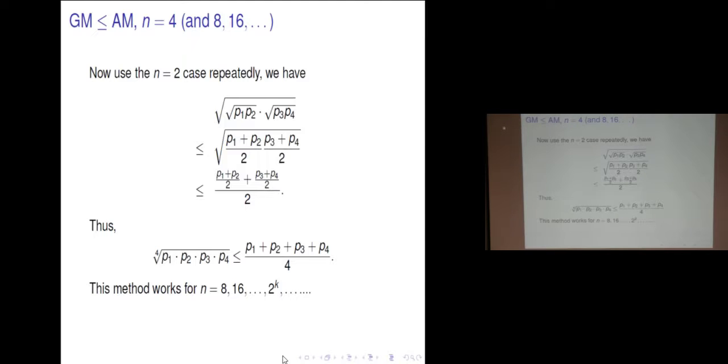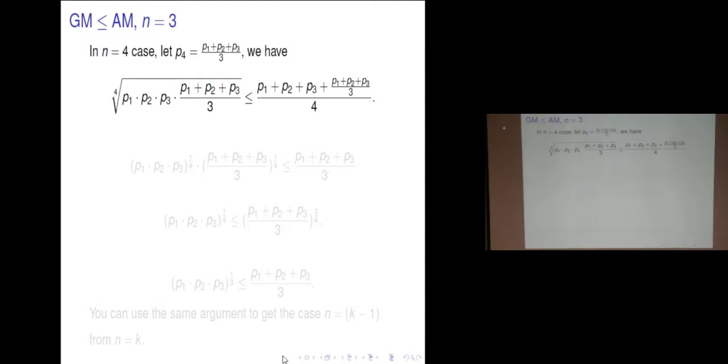But there are lots of numbers which are not powers of 2. How do you get them? So here's the trick. Let's use n equals 3 as an example. Now I want to use 4 to get 3. Let's look at the n equals 4 case: the fourth root of the product of 4 things is less than or equal to the average of 4 numbers.